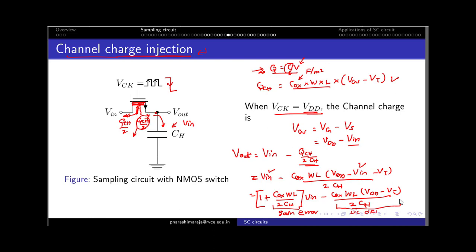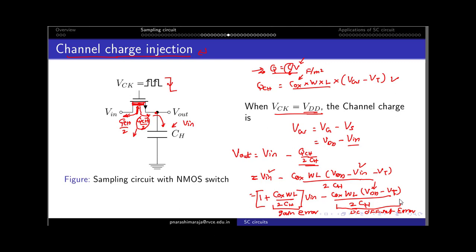The reason is that the terms involved in defining this second term are constant in nature. It could be VDD or it could be our VT. That's the reason why we have this DC offset error. In general the DC offset error, which is constant, could be eliminated suitably.